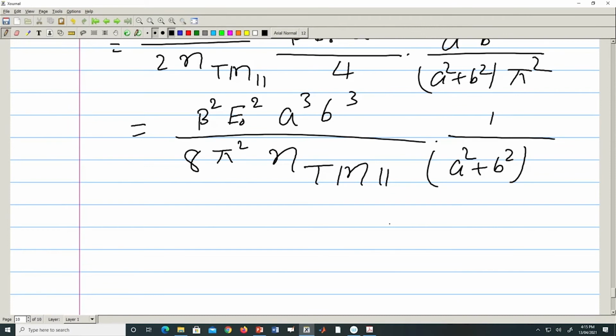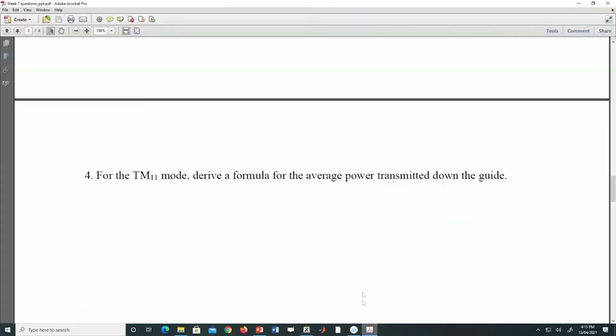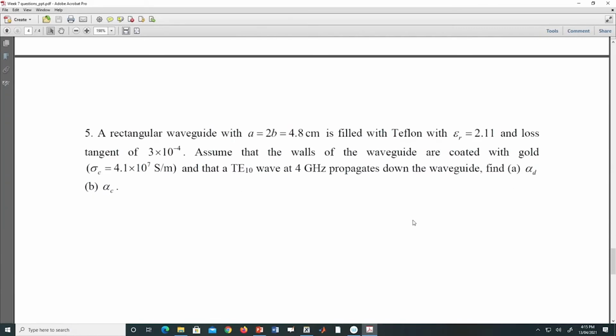So next, we can see the next problem. A rectangular waveguide with a equal to 2b equal to 4.8 centimeter, so b is 2.4 centimeter because b is a by 2, is filled with Teflon with epsilon r equal to 2.1.